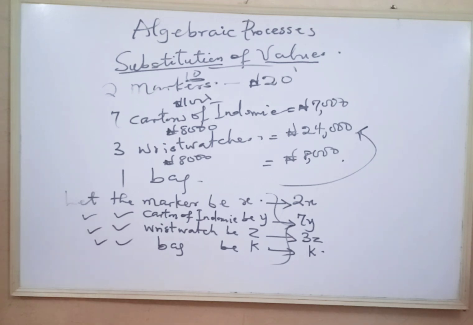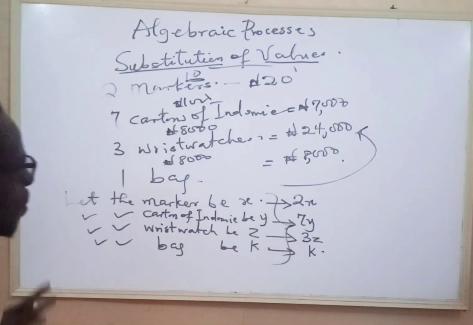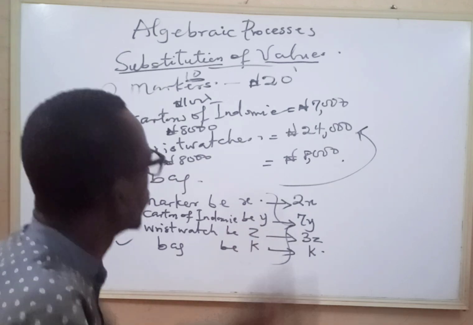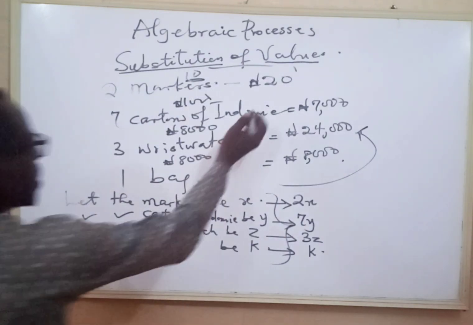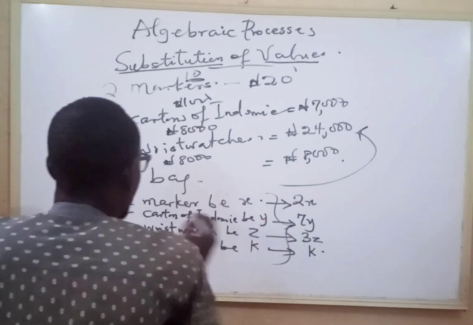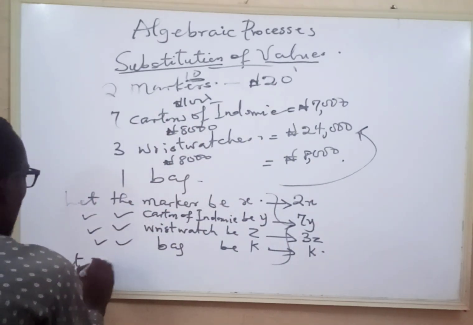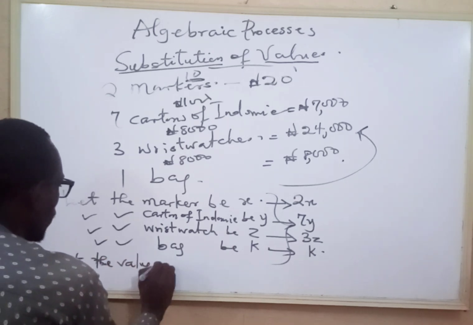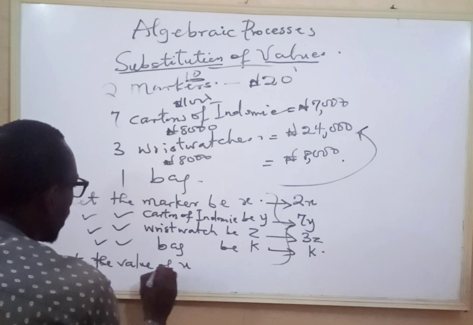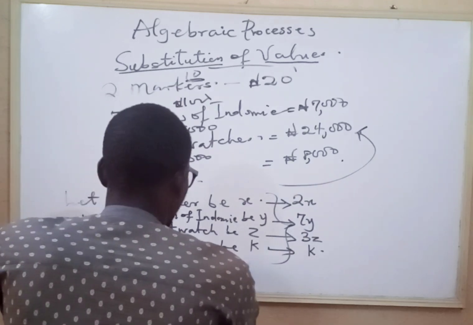So how can we try as much as possible to transform this to the substitution of values in mathematics? So we have said that, let the value of s be 10 naira.